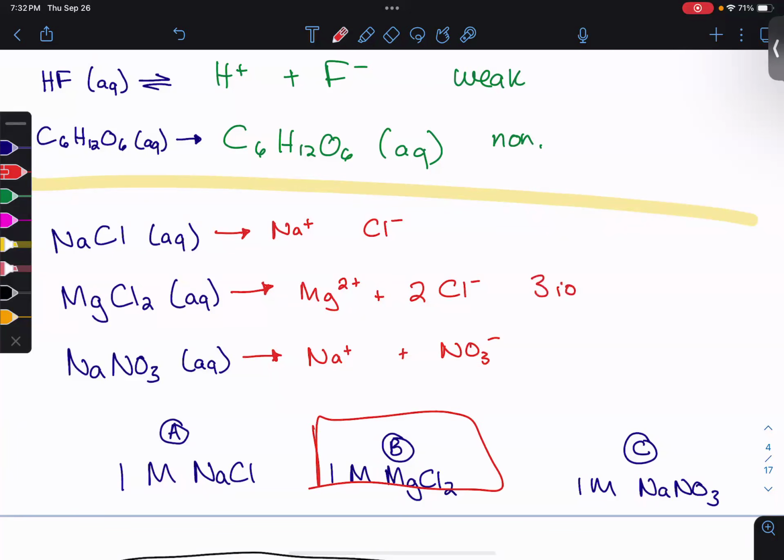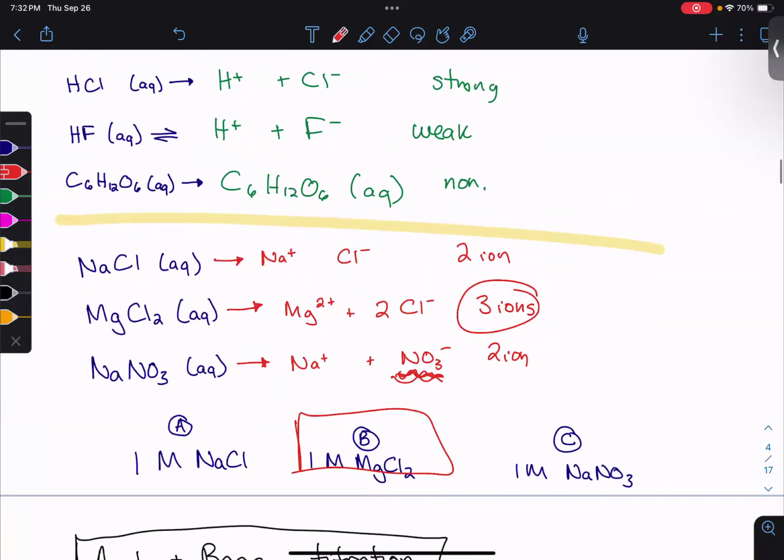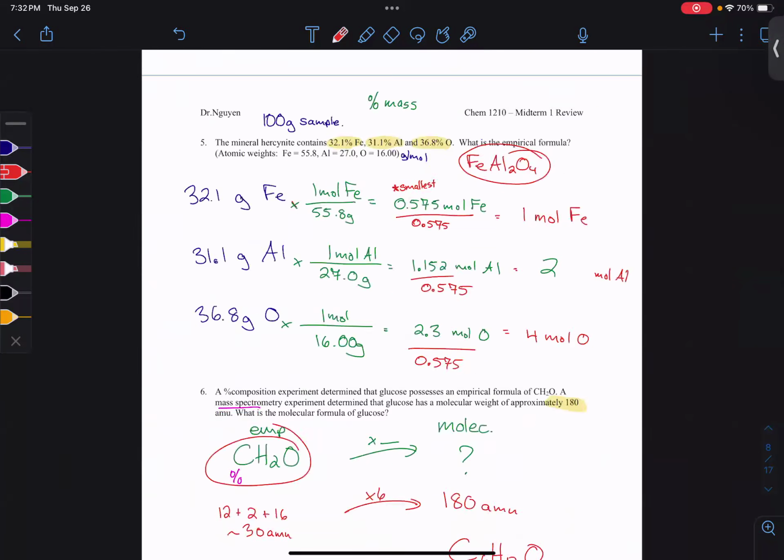There are 3 ions present in B, while in A and C there are only 2 ions. But notice, if you got the nitrate wrong, then you would get the wrong answer there. It's a very common misconception that folks think that nitrate splits apart. It definitely does not.